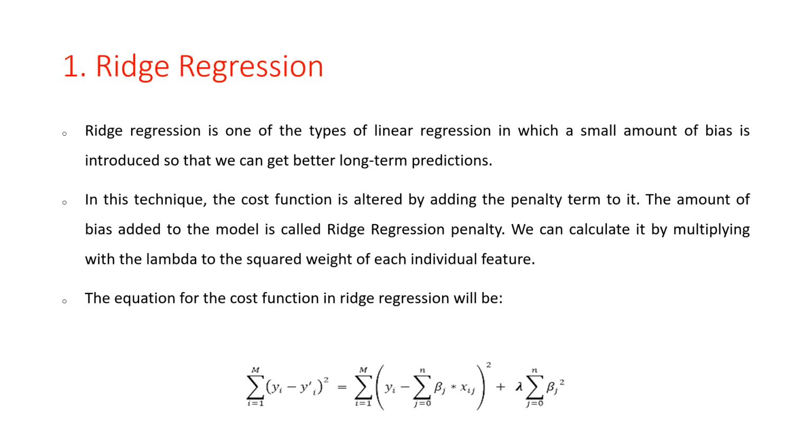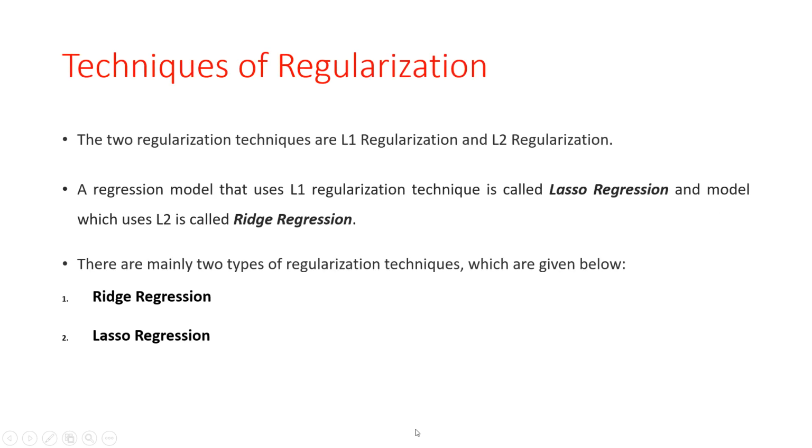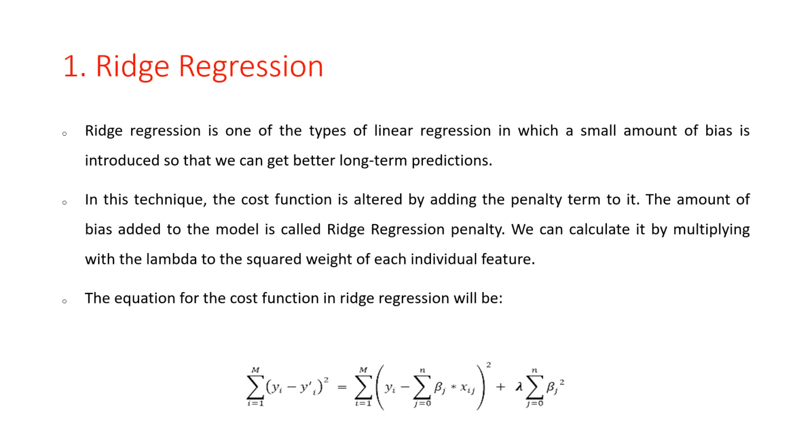So what is the equation for the cost function of ridge regression? Like this. We have already discussed the base equation here, but if we are using ridge regression, we are adding some lambda. Lambda tends to 0. This is the ridge regression penalty, the summation of j equal to 0 to n of bj squared.